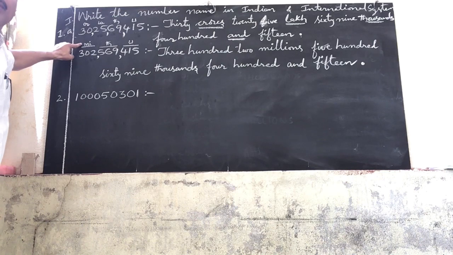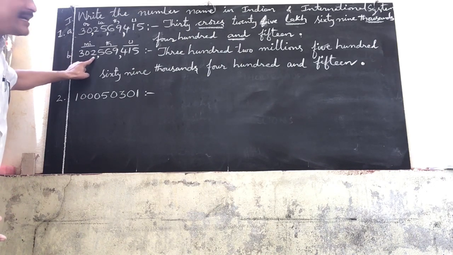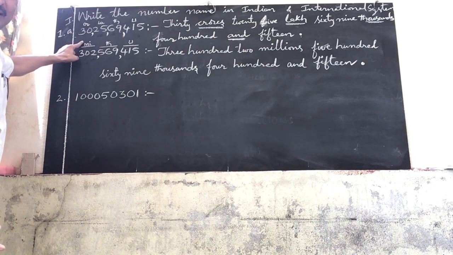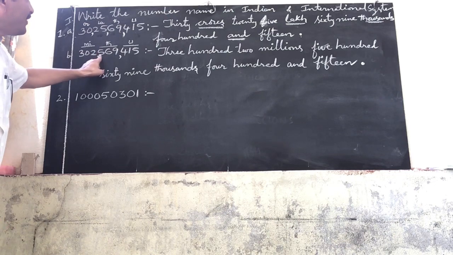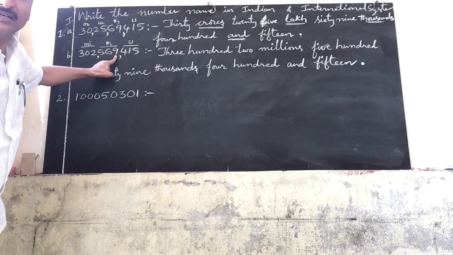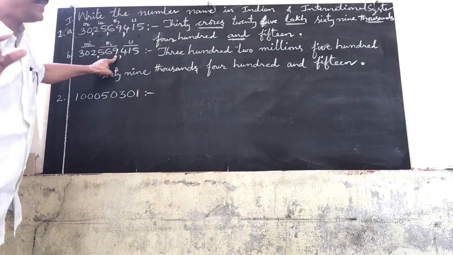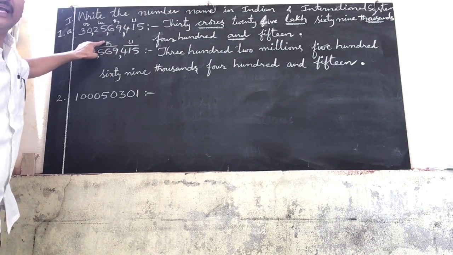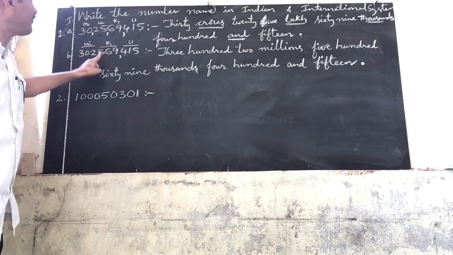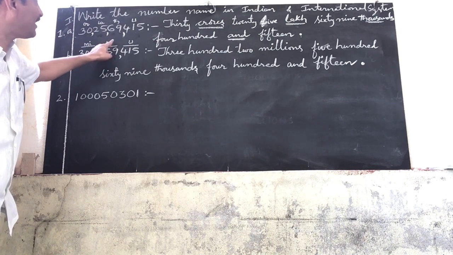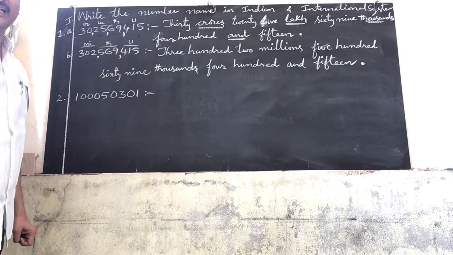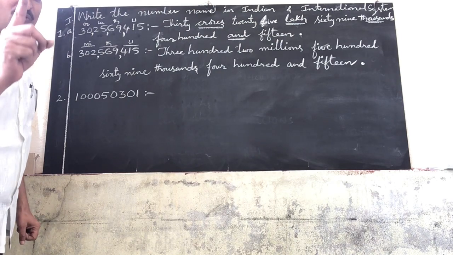What is that? Millions. So 302 millions. Next, 569. Name of the period, thousands. So 569 thousands. And at the end, we have to use 'and' only once.